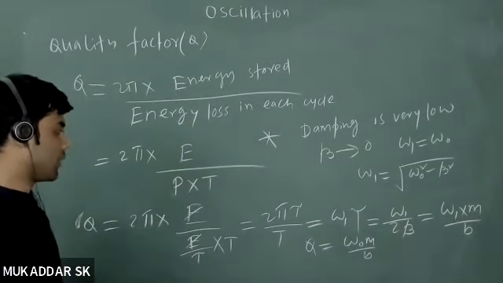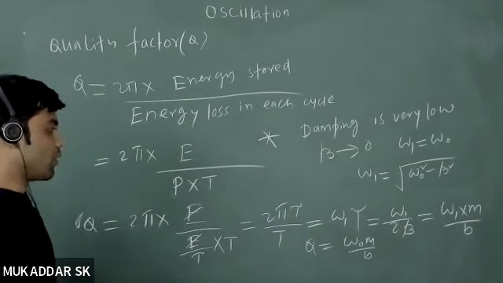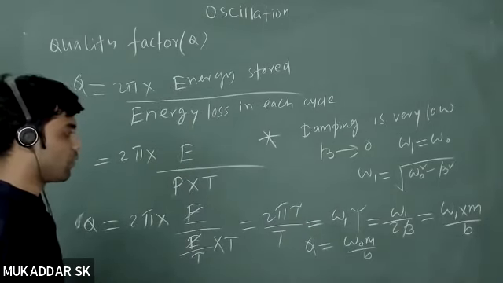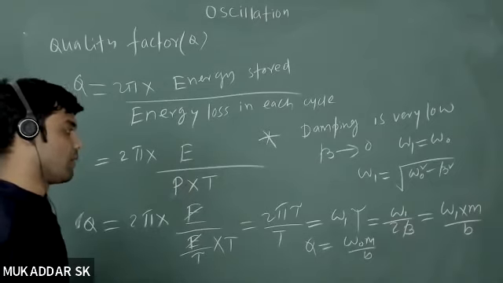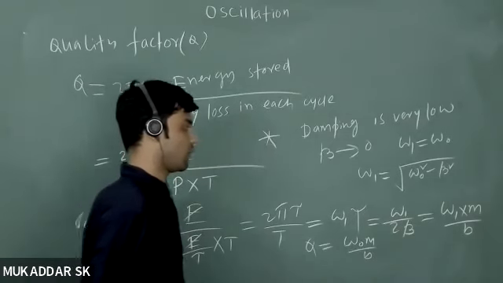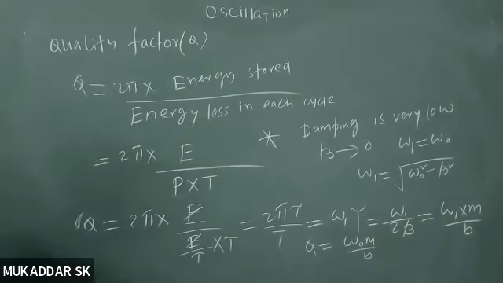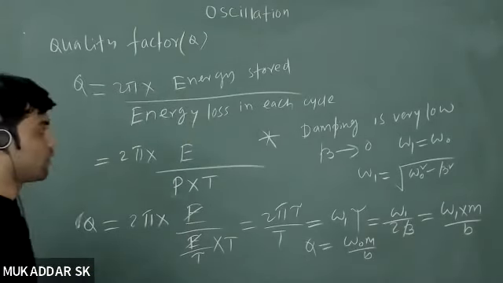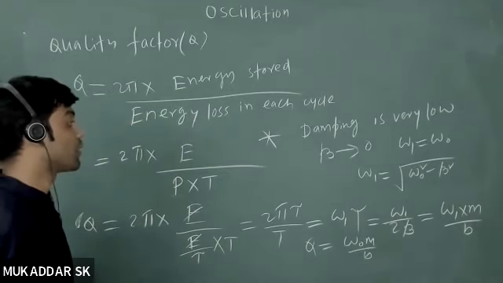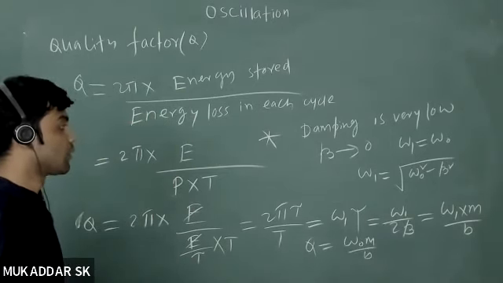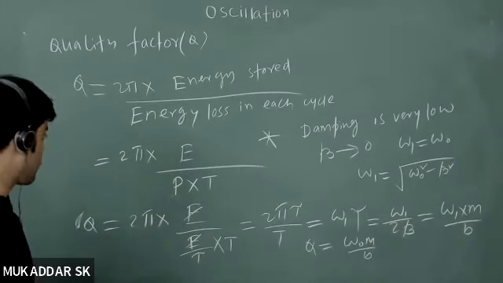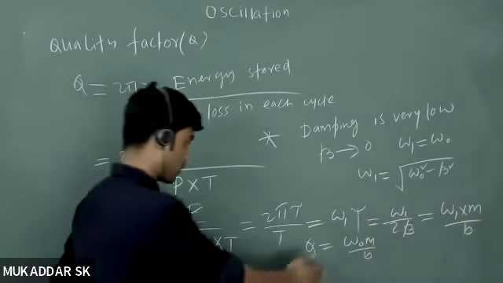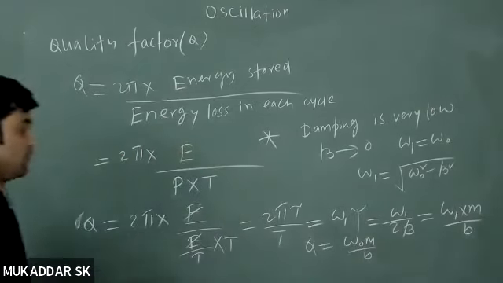And tau, the relaxation time, is related to the damping parameter, that is 1 by twice beta, and further twice beta is nothing but b by m, where b is your damping coefficient and m is the mass of the block. When damping is very low, beta tends to 0, so you can approximate omega 1 equals omega naught. So in that scenario, quality factor will become omega naught m by b.